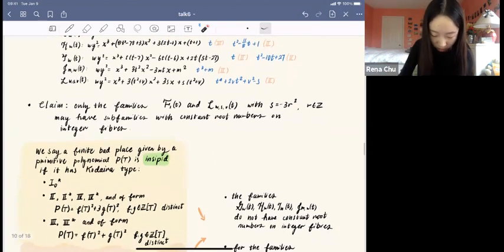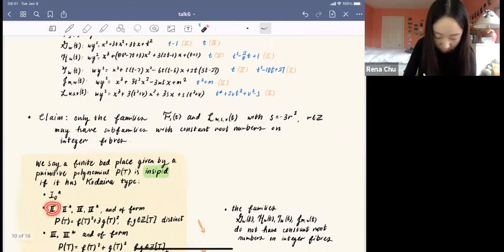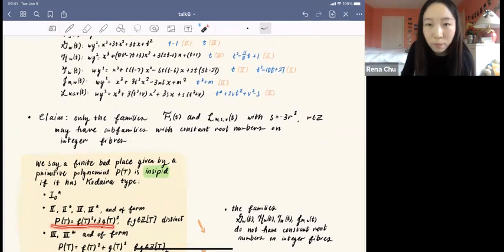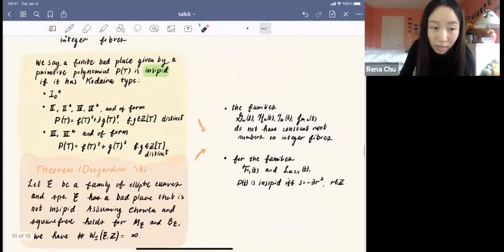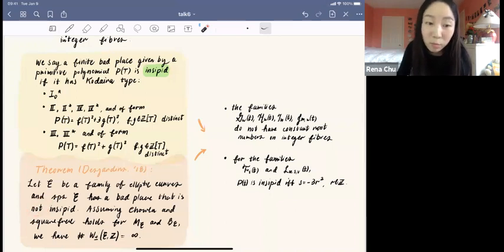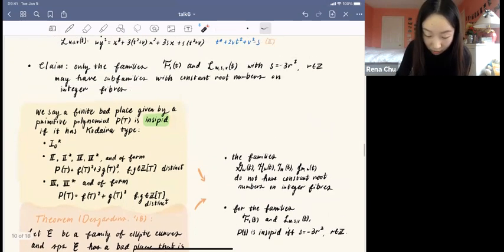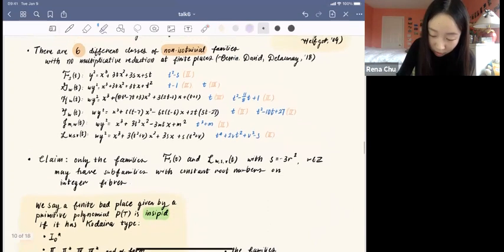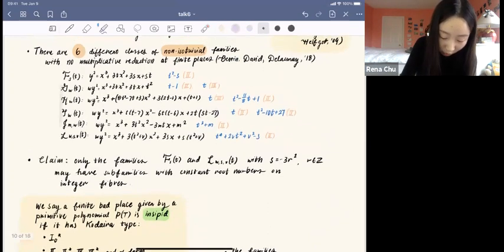Well, we look here, it has Kodaira type 2, but t minus 1 is not of this particular form, which means that this bad place is not insipid, and hence it satisfies the assumption of this theorem, which means that the family G does not have constant root numbers on integer fibers. We can do essentially the same for all of these four, which leaves us with F and L.